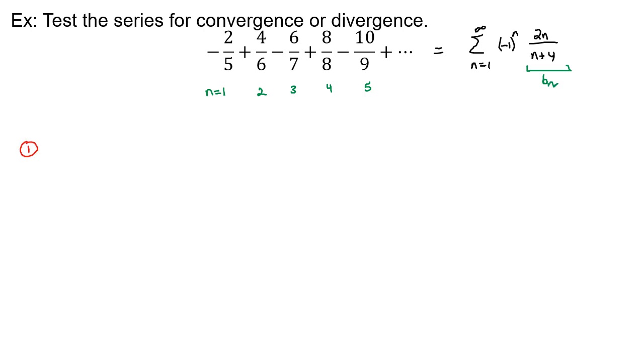So first stipulation is that all of your terms have to be bigger than 0. Not the alternating part, just the other part. So if I did the b sub n being 2n over n plus 4.